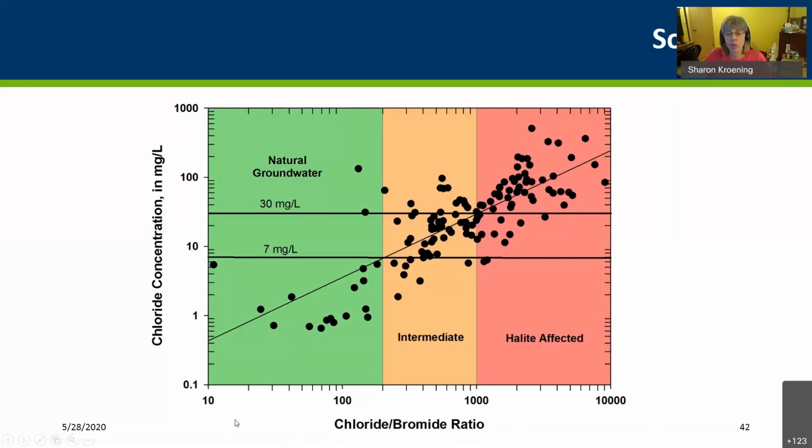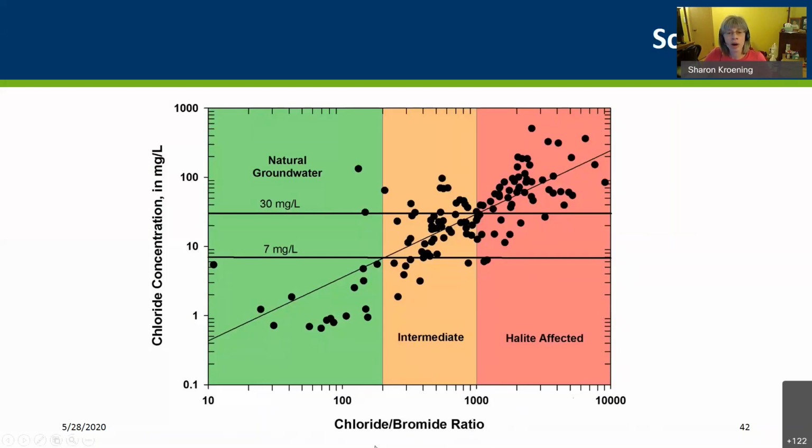And so if there's a chloride-bromide ratio that's greater than 1,000, this indicates that the water sample was affected by chloride sources from halite, which would be, again, either a de-icing salt or a water softener salt.